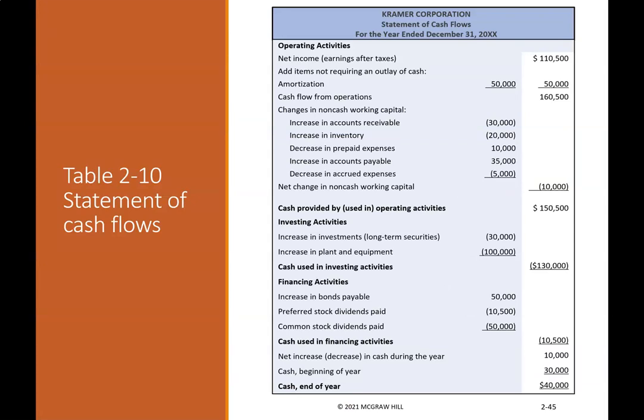Then we move to our investing activities. Then we move to our financing activities. And then we add those three together and you get your net increase or decrease in cash during the year. Then you add the cash that you have at the beginning of the year, and that will give you the cash at the end of the year, which is also the cash that shows on your balance sheet.